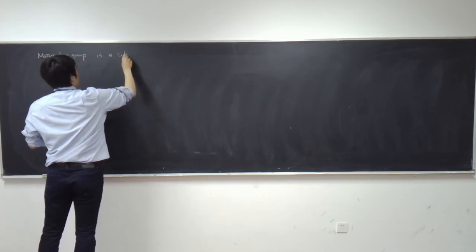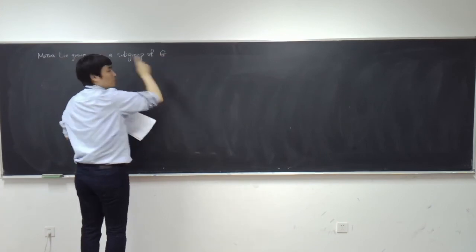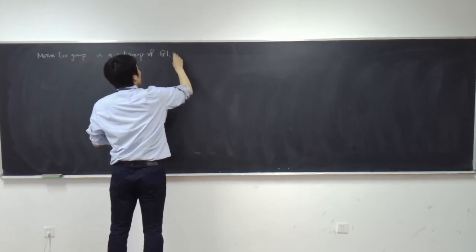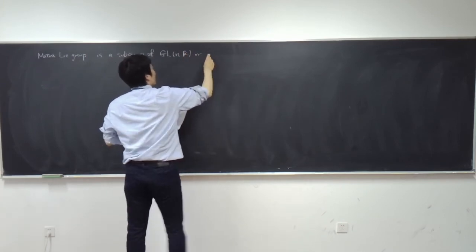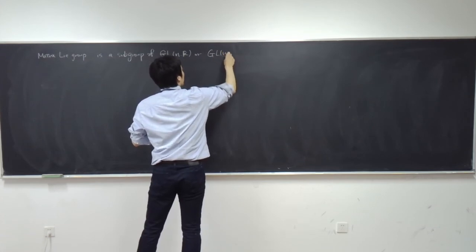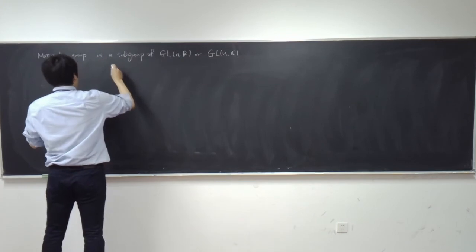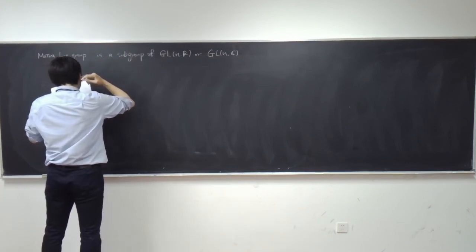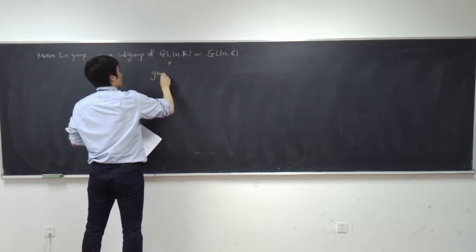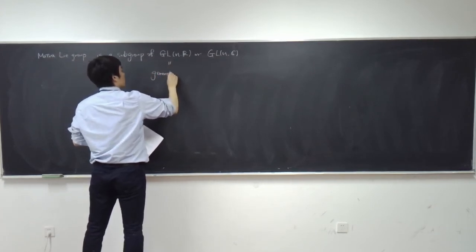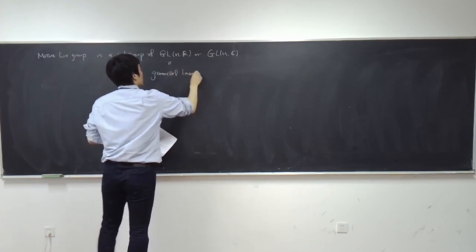subgroup of, and this is not a precise definition, so please bear in mind, GL(n,R) or GL(n,C). A proper subgroup of it. So this is the general linear group.